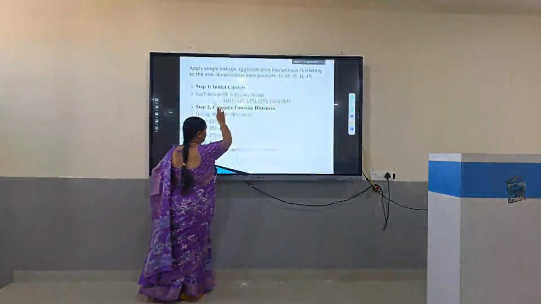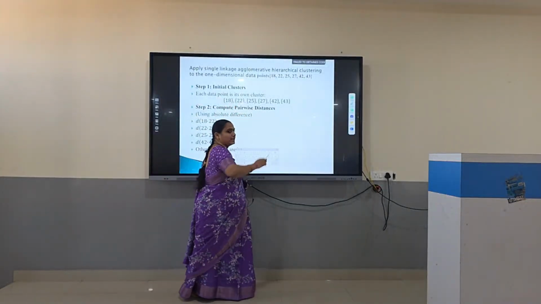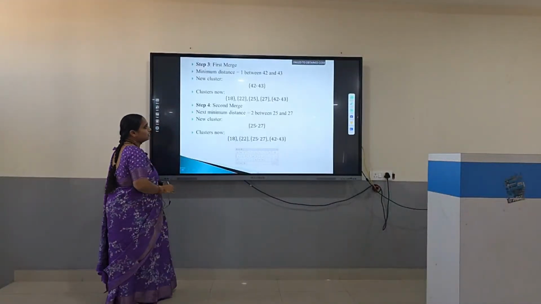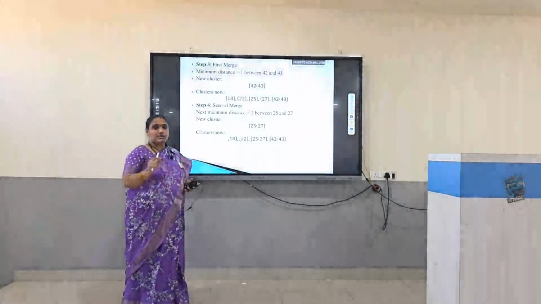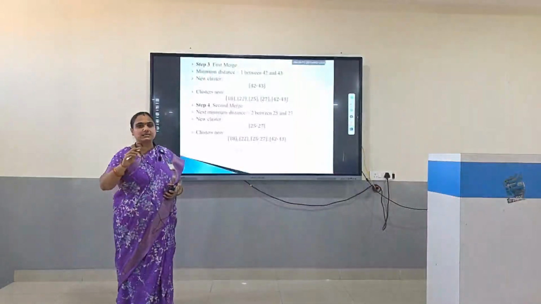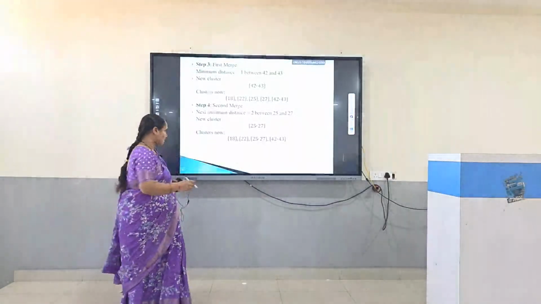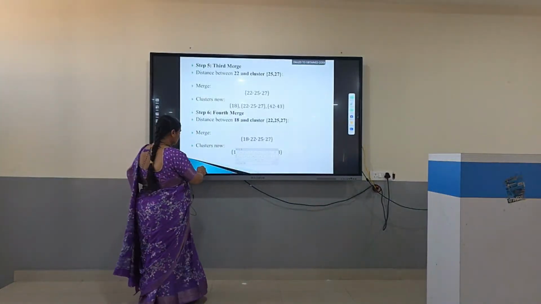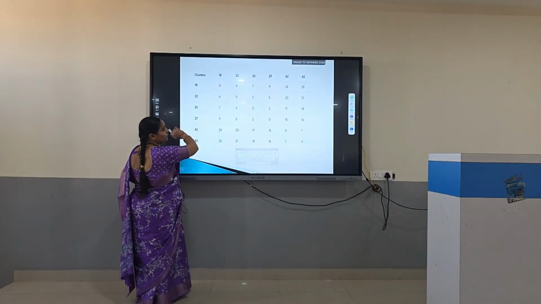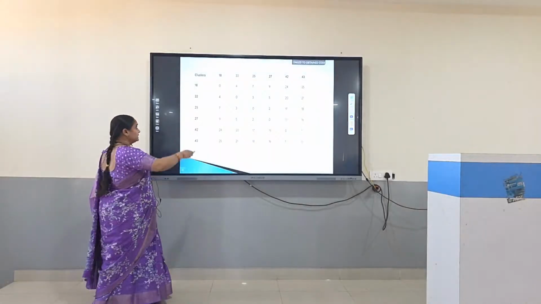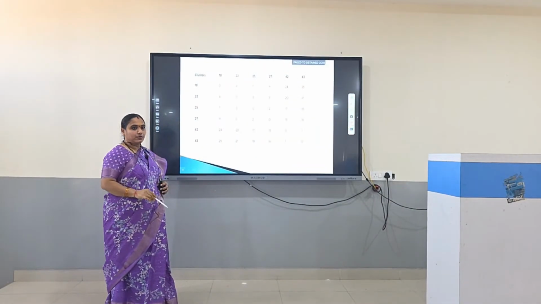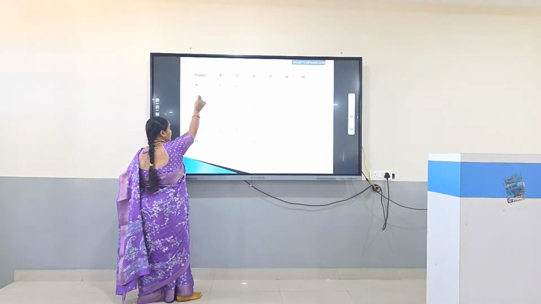Initially, you treat every point as an individual cluster. Note it down. Then, after that, you need to create a matrix. This is called a distance matrix, visualized in this form. What you need to take here is all your cluster points. You need to find out the distance between each and every cluster.